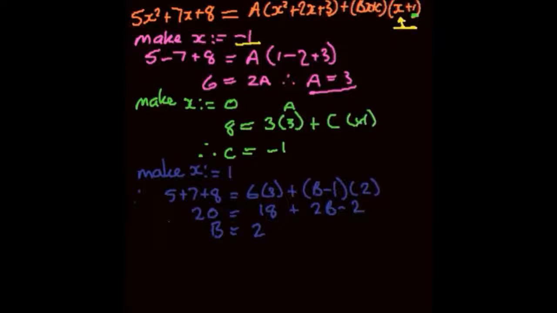So now I've come to the point where I've got a, b and c, so I should be able to rewrite the original sum with the partial fractions now complete.